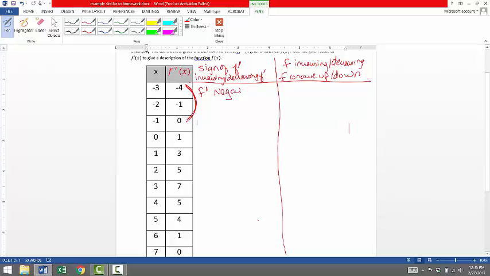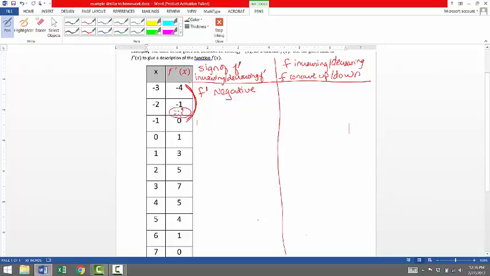Notice I extended that interval all the way up to where f prime is 0. If you were to have the values in between f prime -1 and f prime 0, they would be things like -0.9, -0.5, those values between -1 and 0. So you would expect that the f prime values would be negative all the way up till the point where f prime became 0. So f prime is negative here.